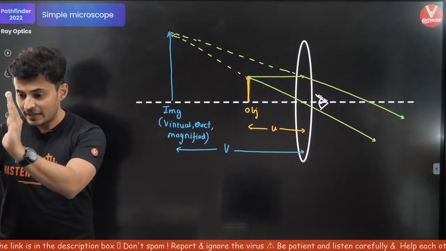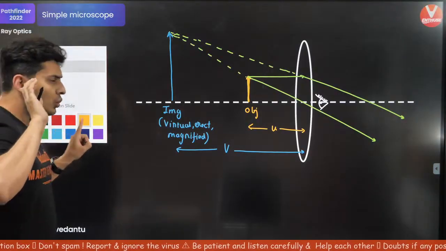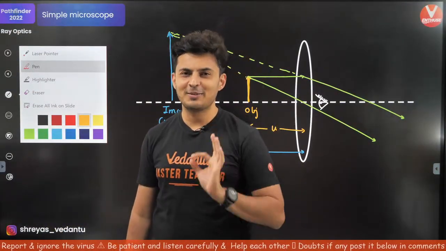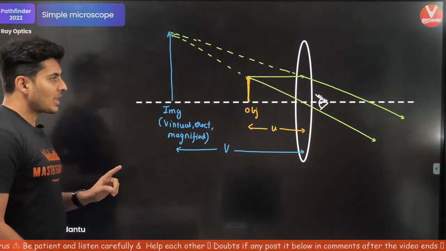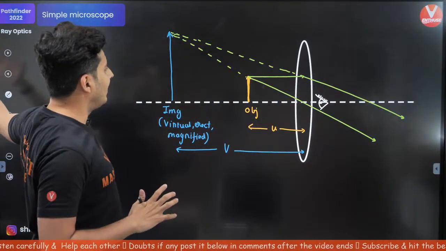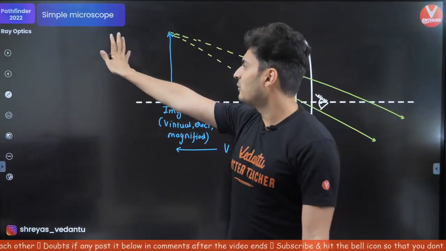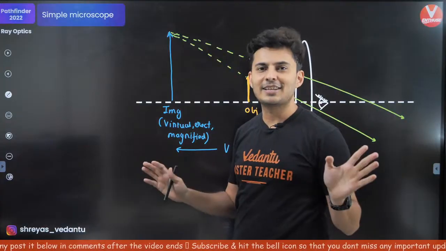Now, let's try to think about this. There are two ways you can place the object, and this is very important. One, the object is placed such that the image is formed very far. That means your eye is relaxed. You're seeing through the magnifying glass in a relaxed manner.